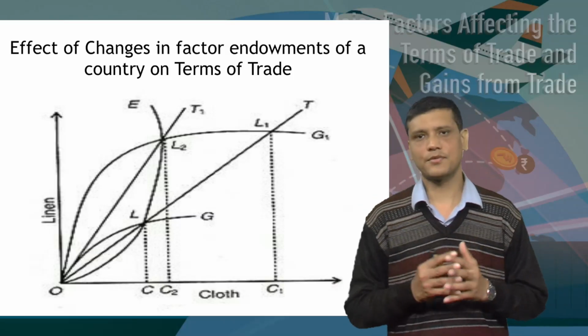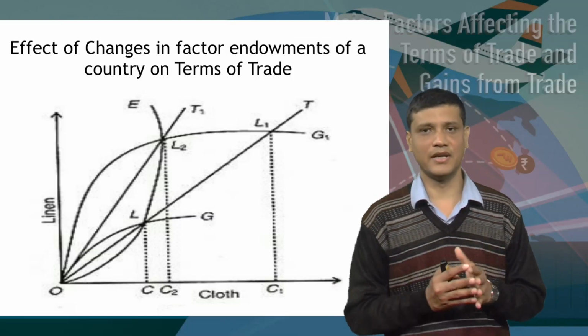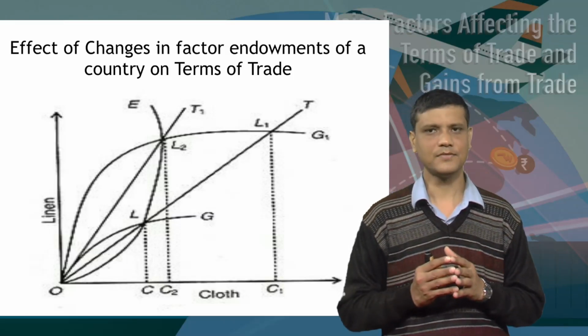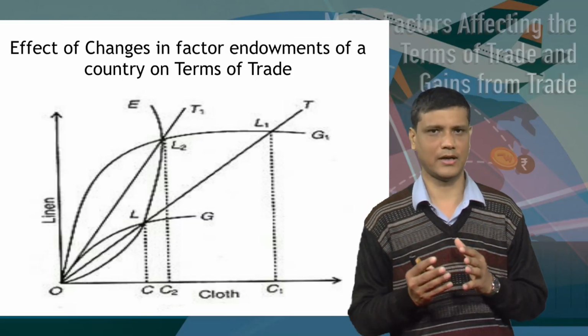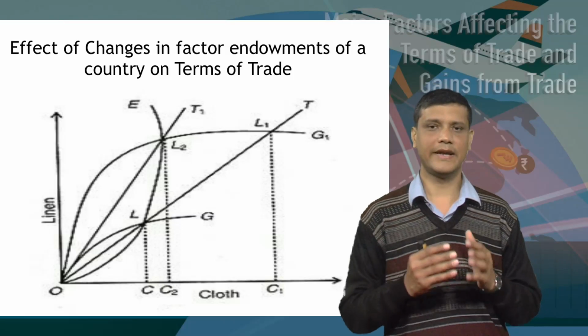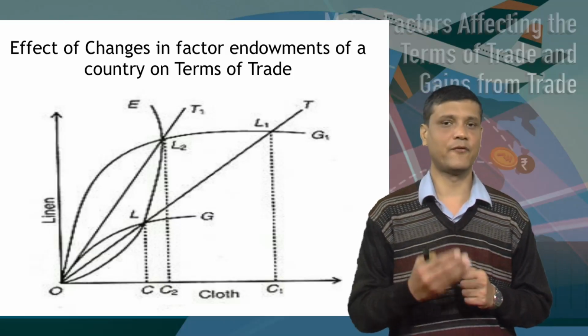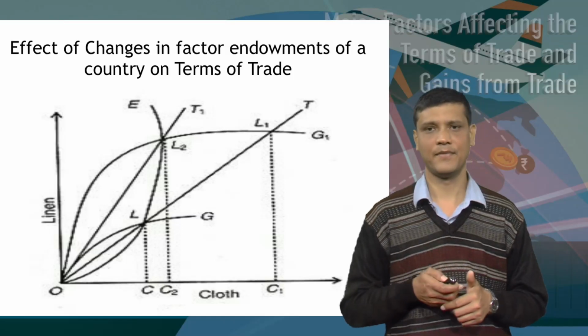Thus, the terms of trade have moved against Germany from L to L2 with change in its factor endowments, because it exports more linen, C2L2, than before, that is CL.